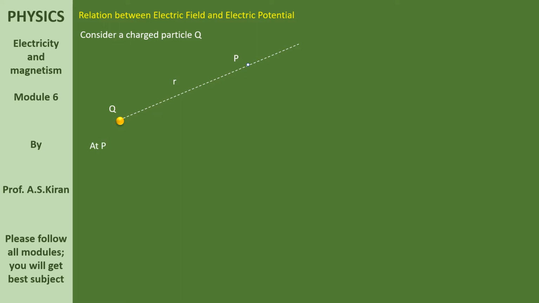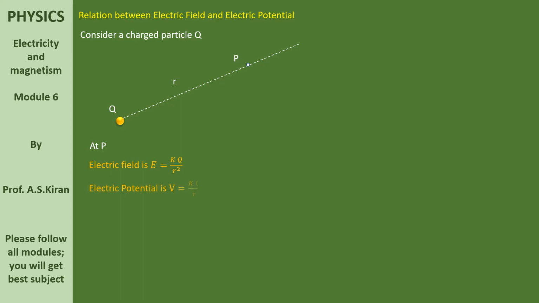Now, at P, we learned this already. The electric field at a distance r of a charge q is E is equal to kq by r square, proved in earlier modules.